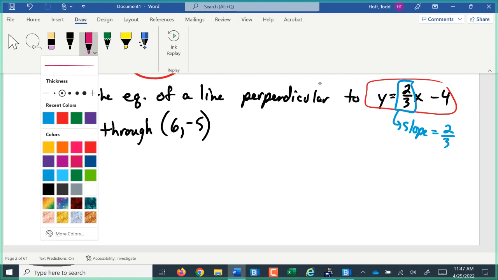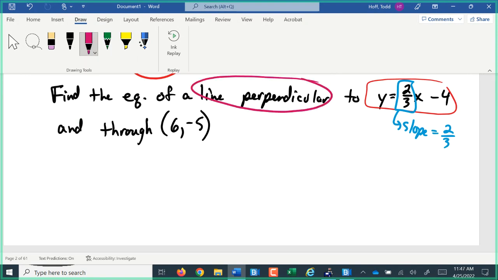But we are looking at perpendicular. We want the equation of a line perpendicular. And remember, in the equation of the line, perpendicular lines have opposite reciprocal slopes.